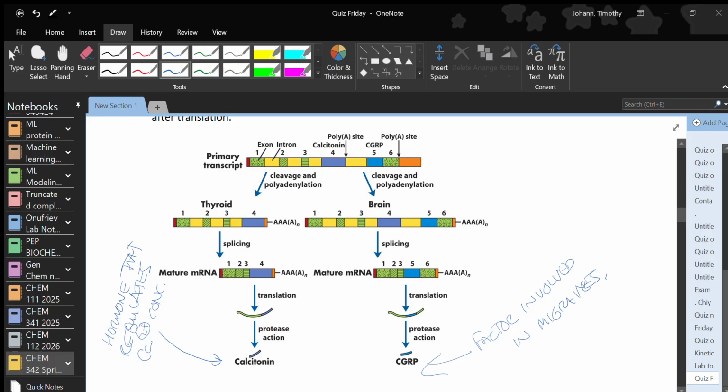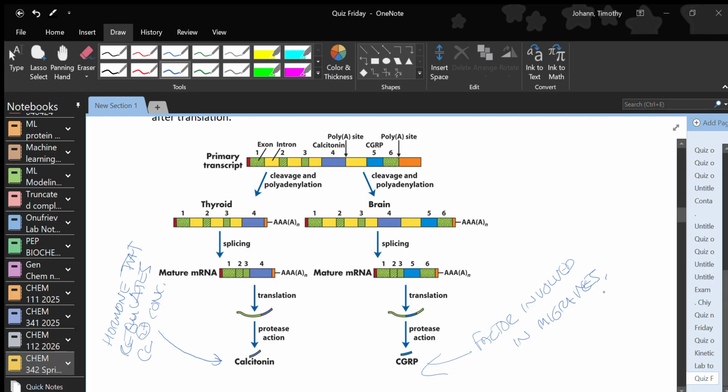Migraines have to do with blood pressure, so this must be signaling the dilation of blood vessels somehow in the brain. So migraine is when blood vessels dilate, you get extra pressure on your brain. And this is actually a migraine drug target. Try to get rid of this thing or not have it made. But both from the same gene.